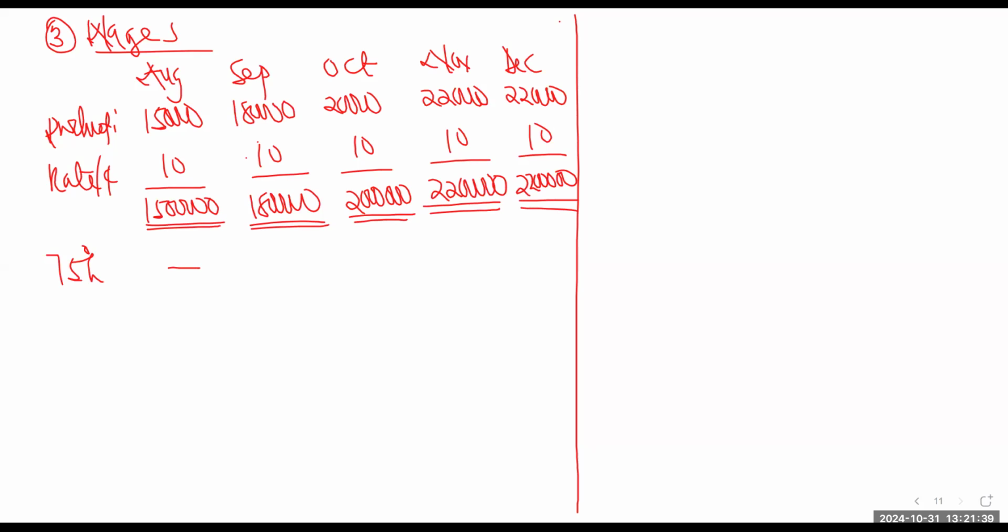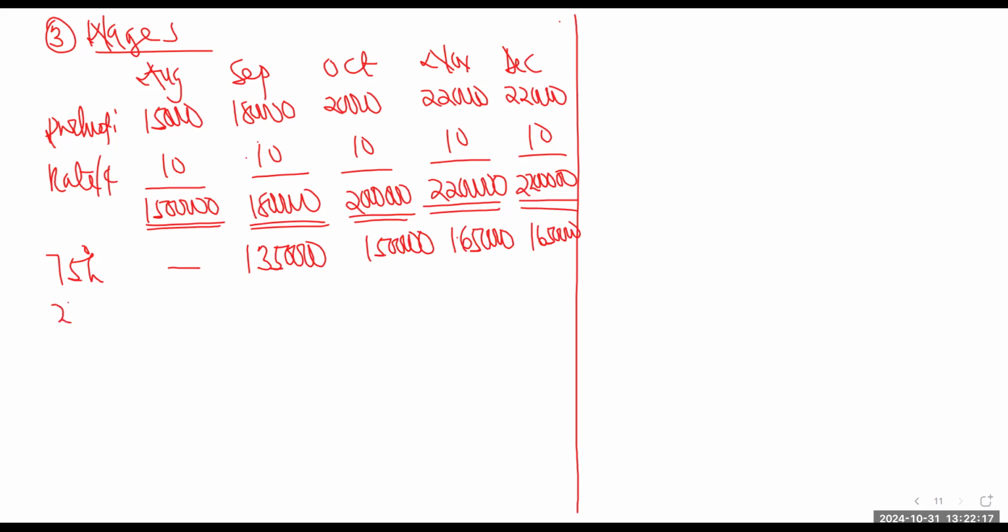So 75% of the figures gives us 1,350,000 and the next, 1,650,000.